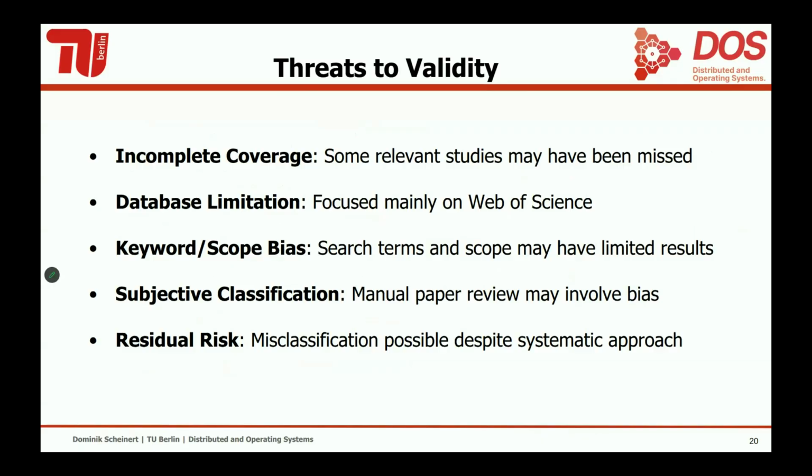In fact, being familiar with many works in this field, I know for a fact that one or two works have not been identified by the search query, even though it has been tweaked many times, which is also why we included this forward and backward search at some point.